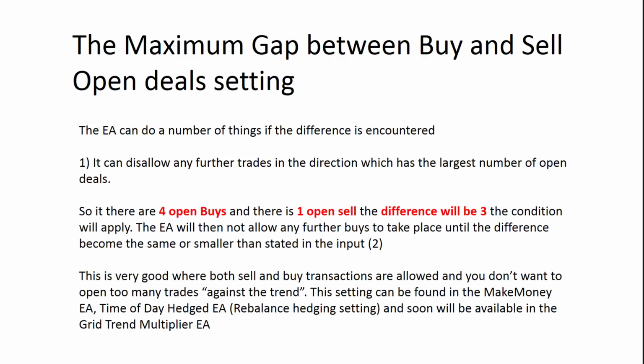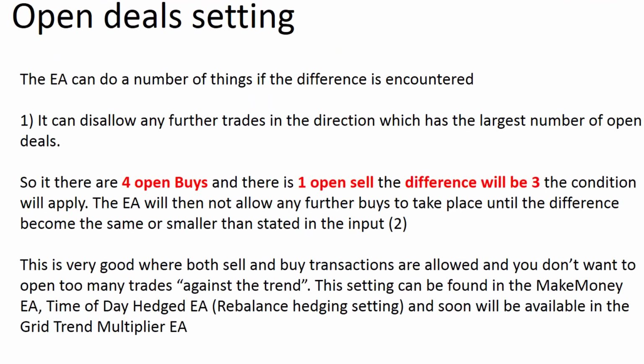All right, so the EA can do a number of things when that is encountered, and here's what I think is quite an important one. It can disallow any future trades in the direction which has the largest number of open deals. So if there are 4 open buys and 1 open sell, that tells the EA that the number of 2 has been exceeded, because the difference is now 3.